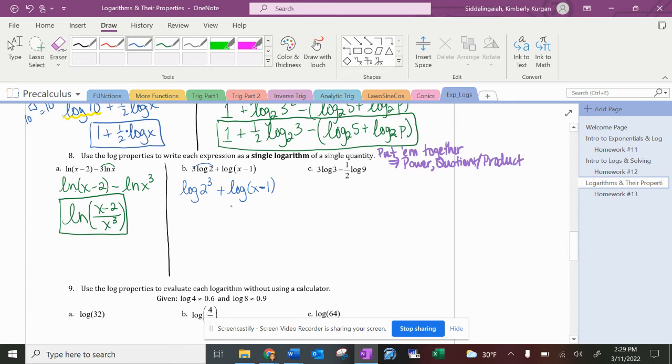All right, in the next step, I'm going to do two things. I'm going to combine them into one log with multiplication, and I'm going to write 2 to the third as 8. Now I get 8 times x minus 1, so that's going to be 8x minus 8. So fully simplified, it's the log of 8x minus 8.